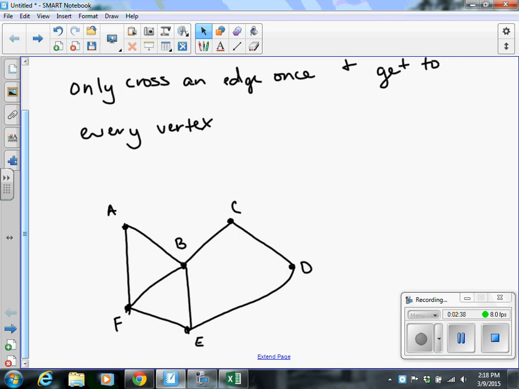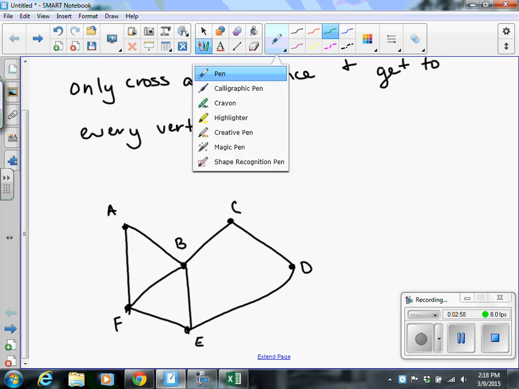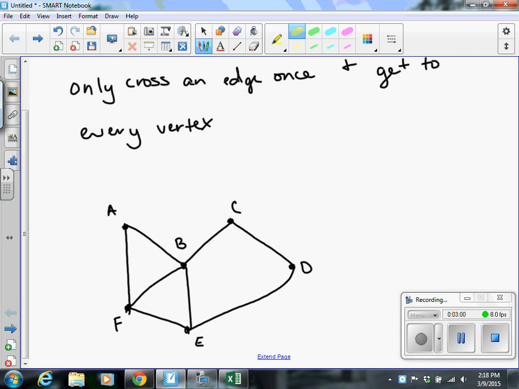You just can only get to every edge once. We'll talk about Hamilton paths tomorrow, and that's where you can only cross the vertex once. So with this being said, I'm going to look at this and see if I can, in fact, create an Euler path.